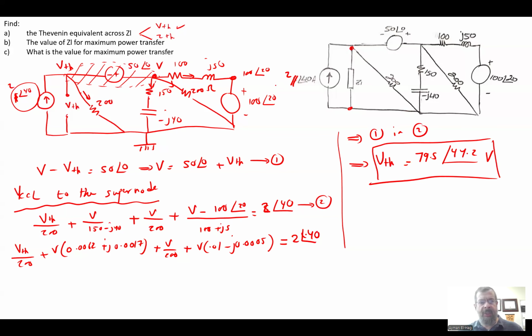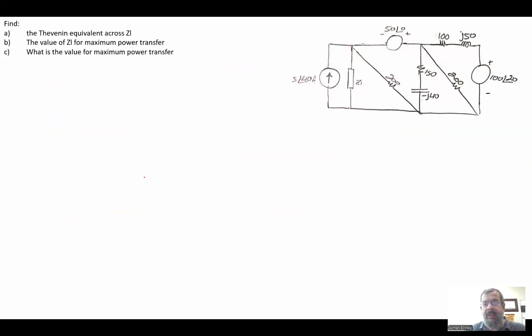Again, as I mentioned, by mistake, when I solved the question, I assumed this is 2 angle of 40. It is 5 angle of 40. So you can just change this, make it 2 angle 40, because the final answer doesn't really matter. Then we want to find the Thevenin impedance.